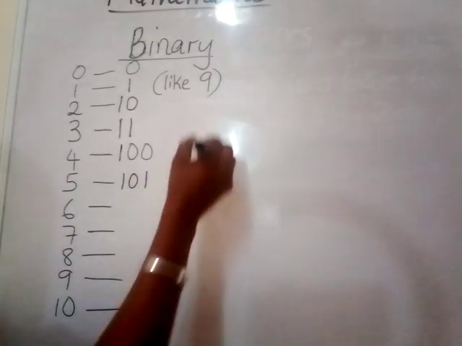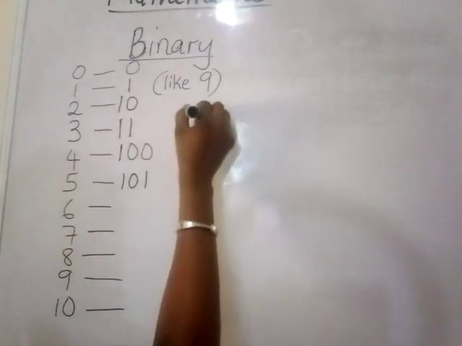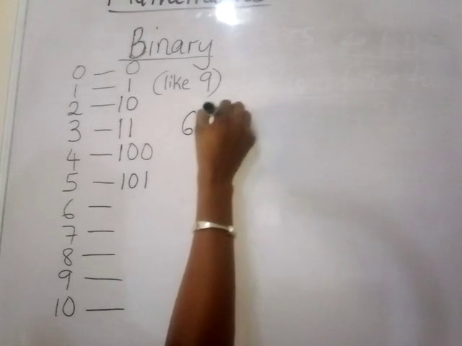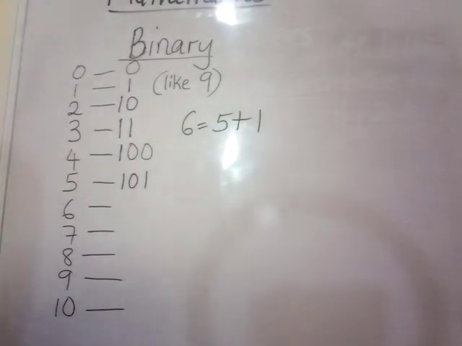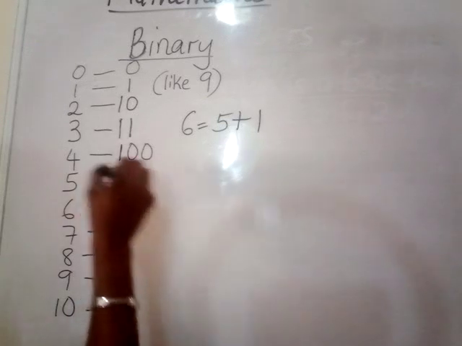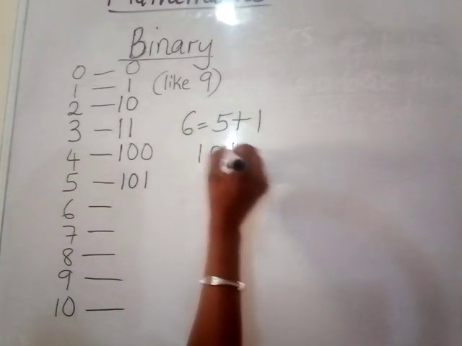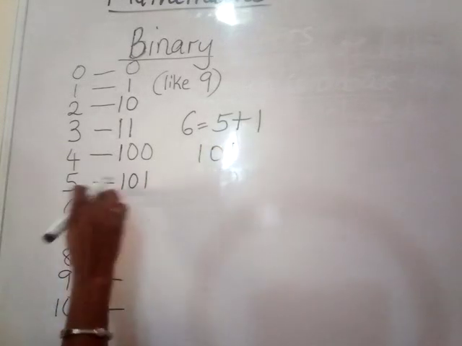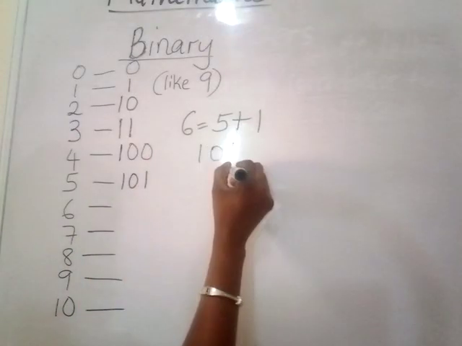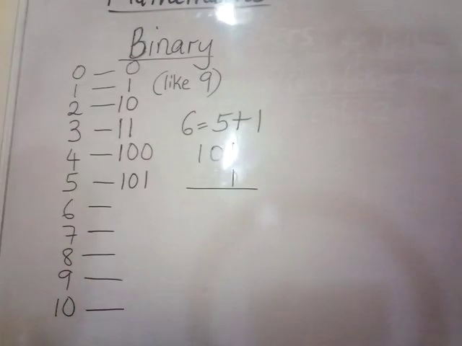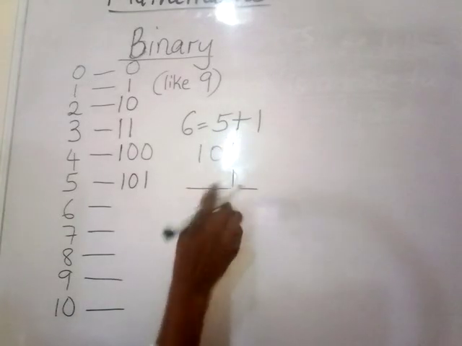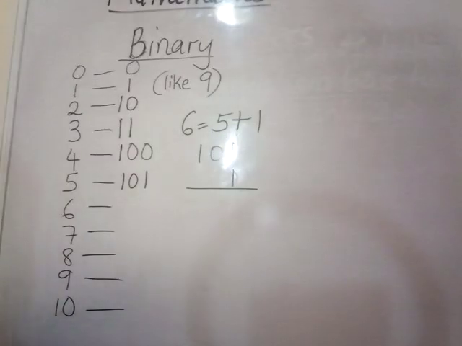Now let's see our number 6. Remember, number 6 is what? 5 plus 1. 5 plus 1 gives you 6. So our 5 is what? 1 0 1. 5 is 1 0 1 in binary. So add 1 to it to make it 6. So 1 plus 1 is going to give us 2, but we know there is no 2 in the binary system.